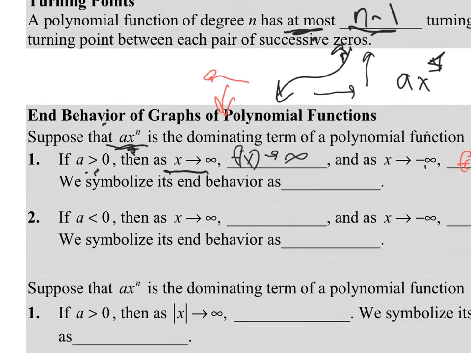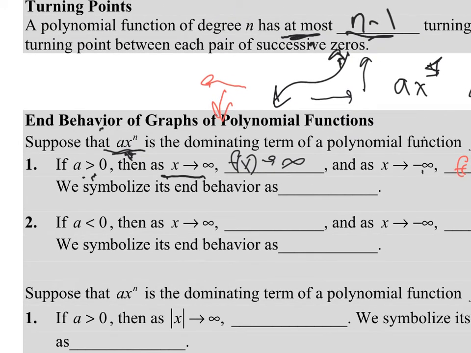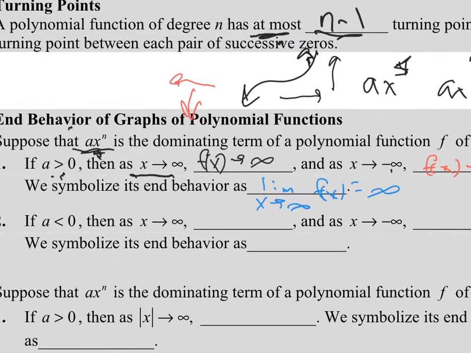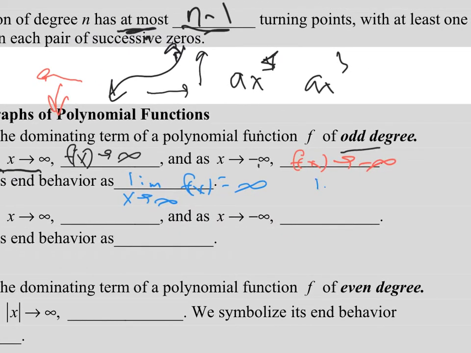We symbolize its end behavior this way. I don't know if he does it in the book or not, but I'm going to write this. The limit as x approaches infinity of f of x will be infinity. The limit as x approaches negative infinity of f of x will be negative infinity. That's what it means. As I approach a big positive number, my y value is a big positive number.